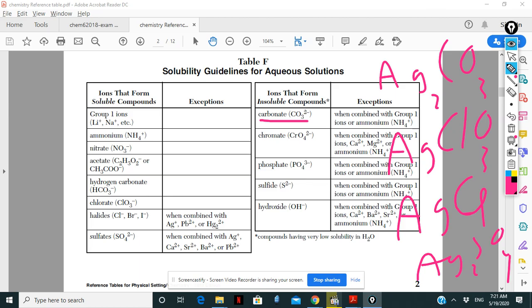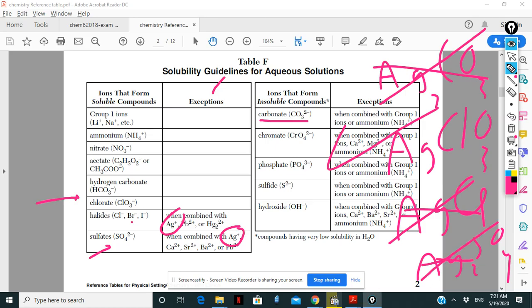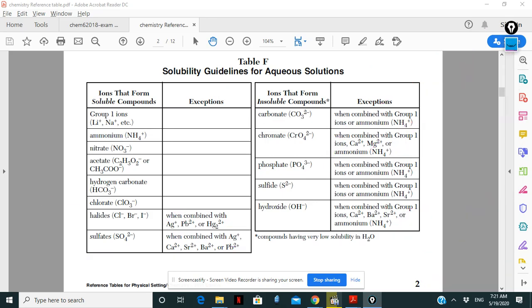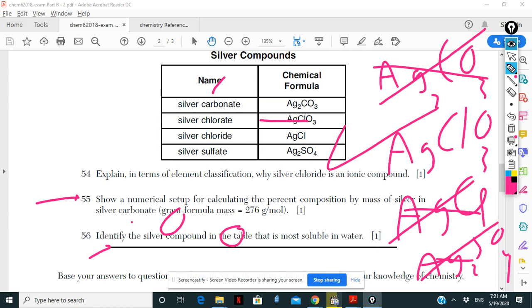Chlorate: all of them are soluble. Chloride: the exception is silver, so this one is insoluble. Sulfate: the exception is silver. So the only one soluble is the chlorate. Silver chlorate is the one that's soluble in water.